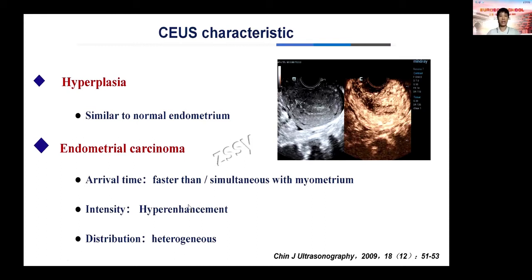That's to say, the agent arrival time is faster than or simultaneously with myometrium. The intensity is hyper enhancement or synchronized enhancement or iso enhancement. The distribution is heterogeneous.